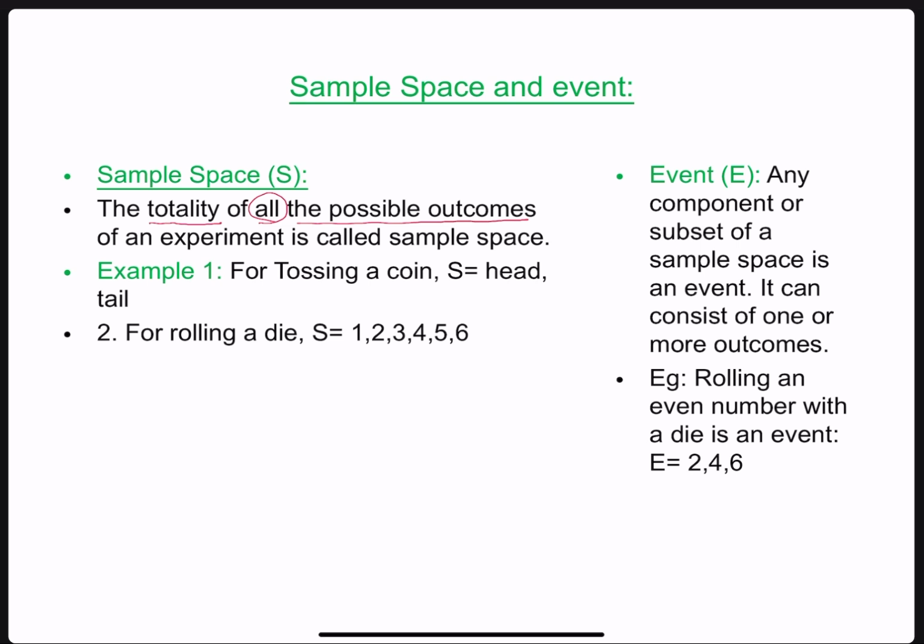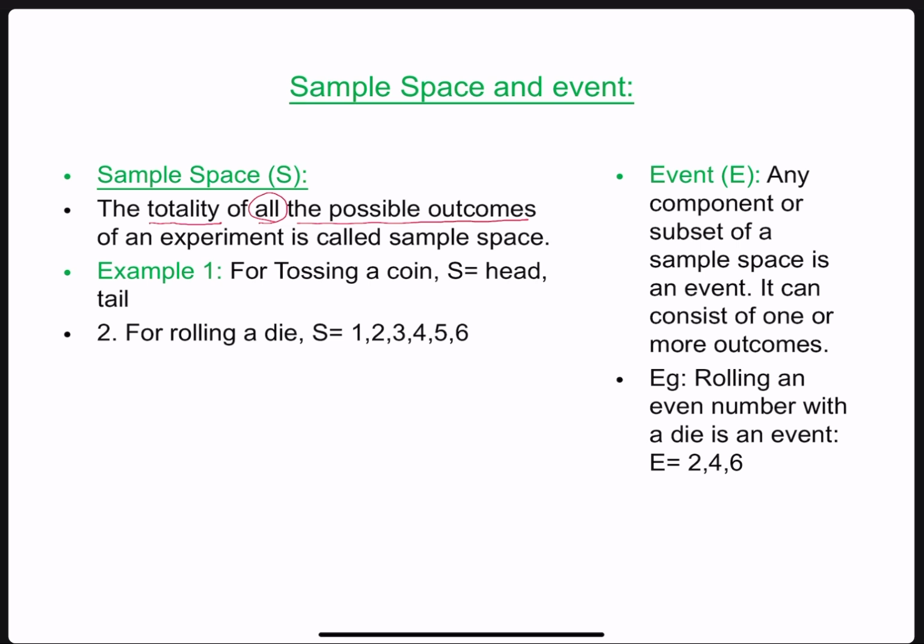Can you find any other possible outcome? No, only head and tail. Another example is rolling a die. The total possible outcomes are 1, 2, 3, 4, 5, 6. That's all. So if we know all the possible outcomes, we call it the sample space. Please remember that it is the totality of all the possible outcomes of an experiment.